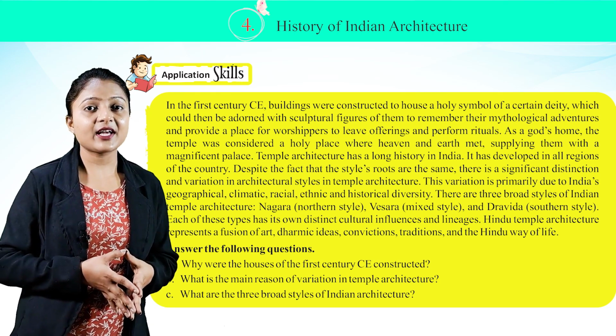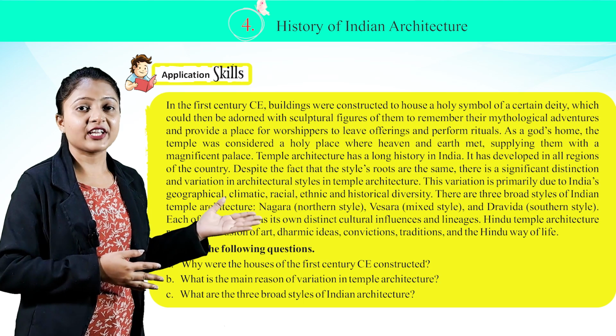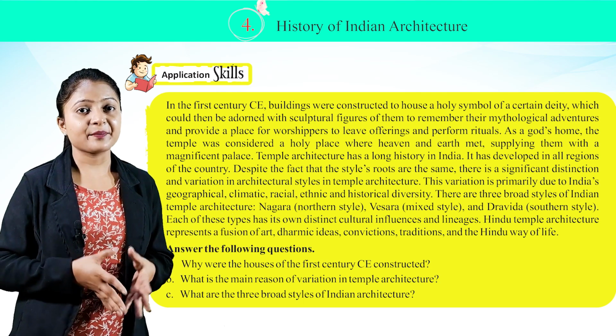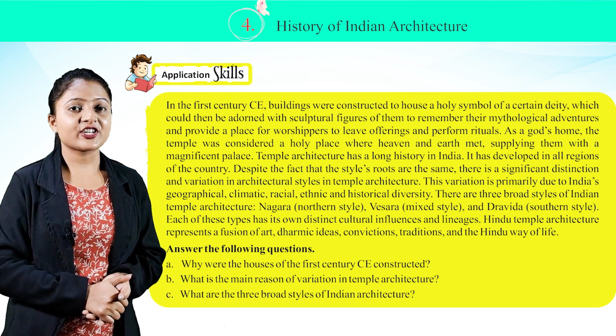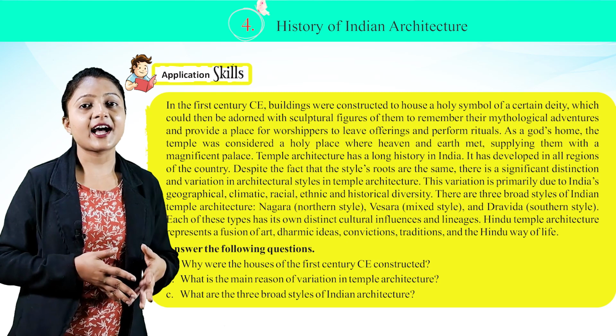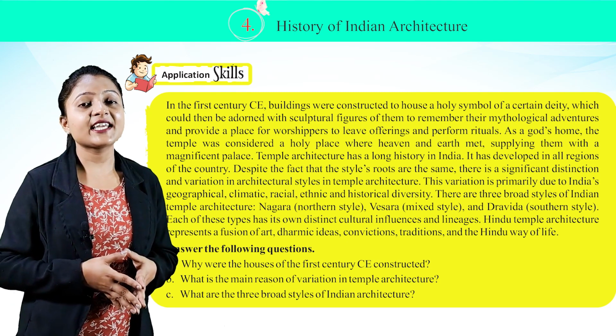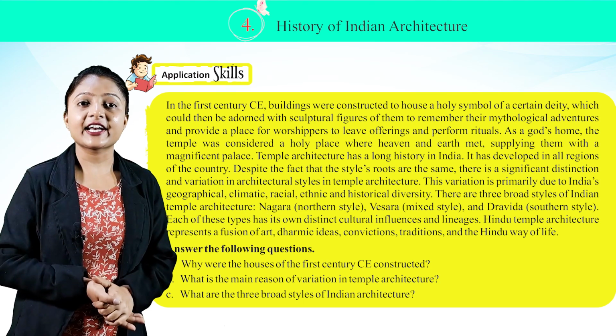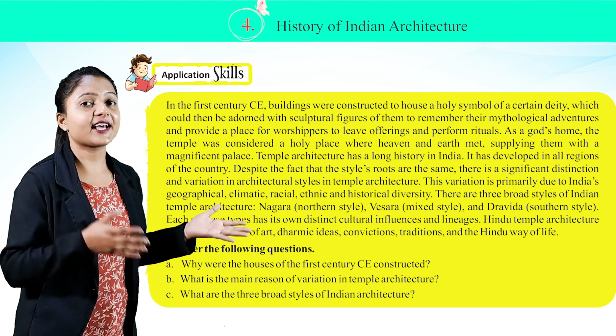It has developed in all regions of the country. Despite the fact that the style's roots are the same, there is a significant distinction and variation in architectural styles in temple architecture. This variation is primarily due to India's geographical, climatic, racial, ethnic, and historical diversity.